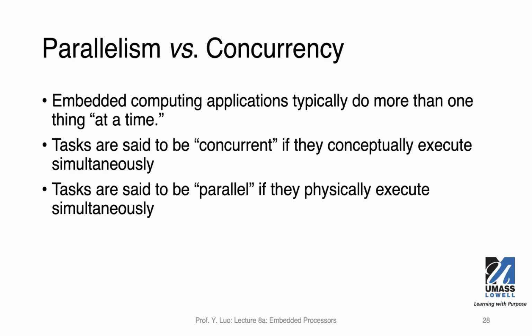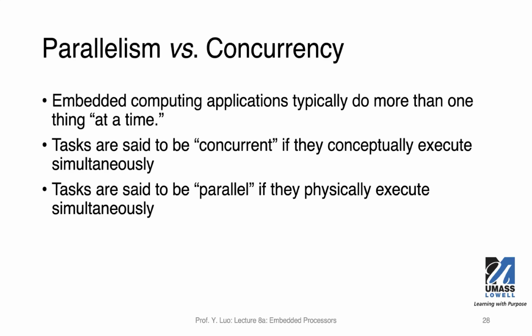If two tasks have both started but have not finished, you can call them concurrent. But being concurrent doesn't mean that they are being executed at the exact same time. At the instruction level, they may execute one after another, maybe take turns. They don't have to be executed at exactly the same time. And that's when we call them concurrent.